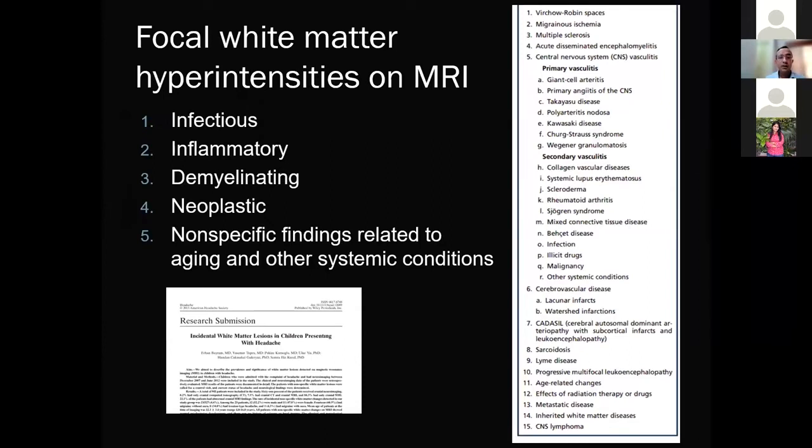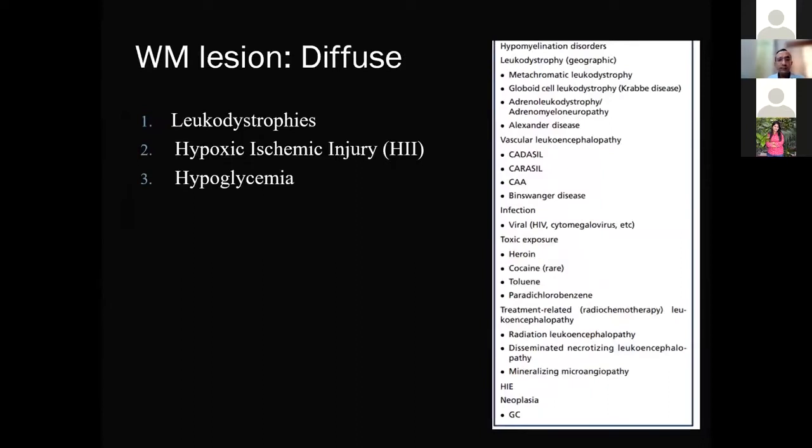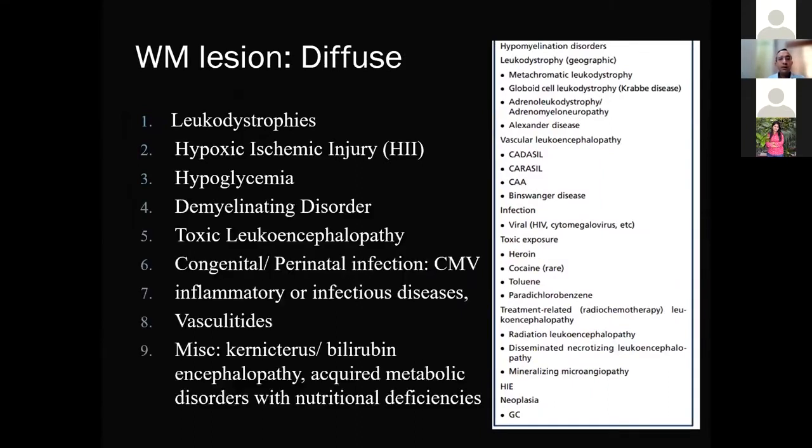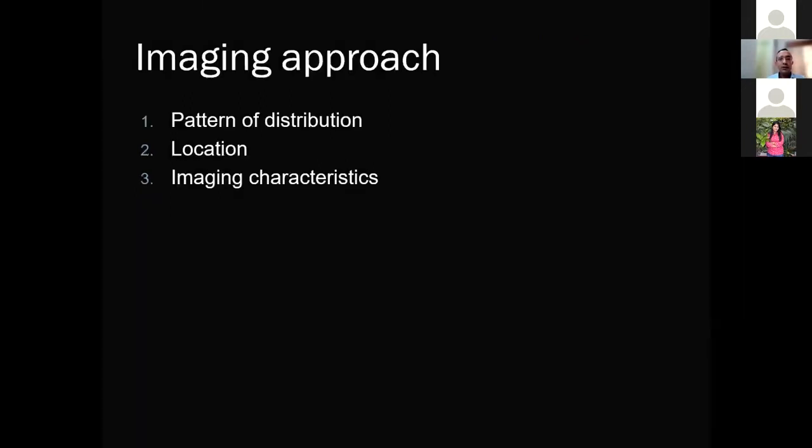More importantly, the non-specific findings related to aging and other systemic conditions may be seen as focal hyperintensity in the white matter. In diffuse, the most important being the leukodystrophies, and there is again a long list of disorders which involve the white matter diffusely.